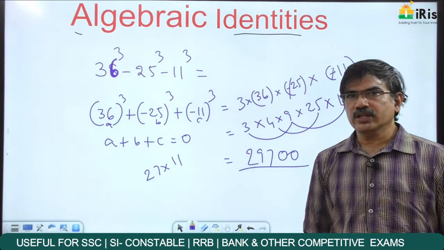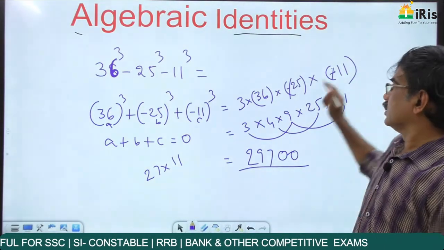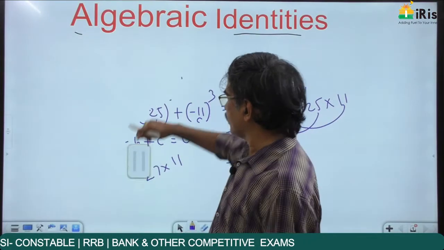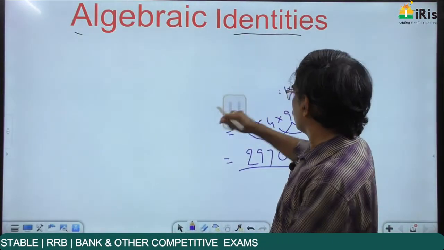Okay, so these are very important identities. I want to write one more formula.